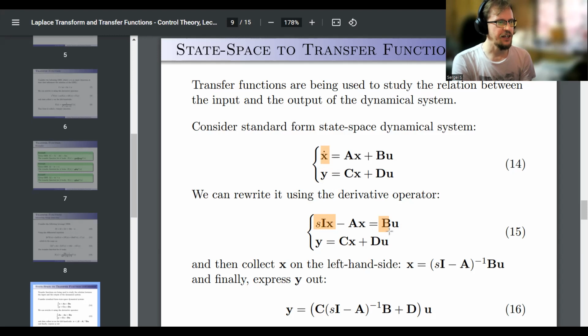And indeed, if this guy is one column, and if this guy is one row, and if this guy is a scalar, then this is a scalar case again. By the way, this Du we didn't see very often, but we call it feedthrough. This is how u directly influences y. We're not going to see it very often, but it can exist.